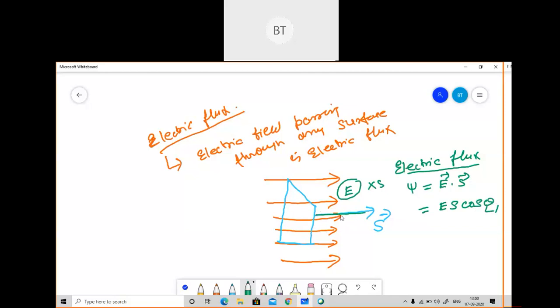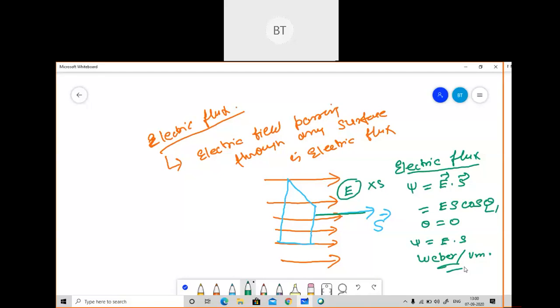This is the first case, theta equal to 0, so the electric flux equals E dot S. The unit of electric flux is weber or volt per meter. This is the basic definition of electric flux.